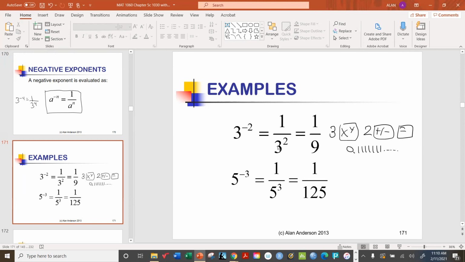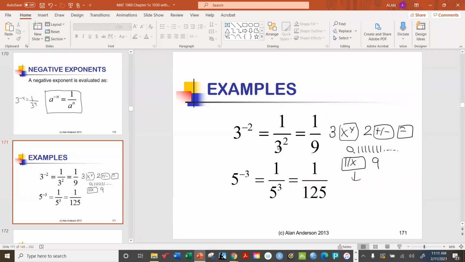Now, if you want it to show this, watch what you can do. There's a button on the far left-hand side, 1 over x. If you hit that now, it's going to give you 9. And what it's telling you is that 0.11111 is 1/9.